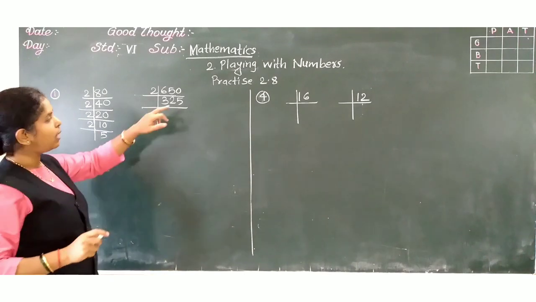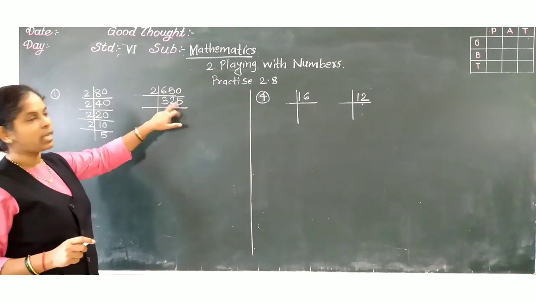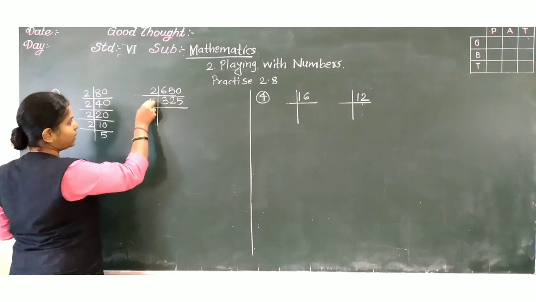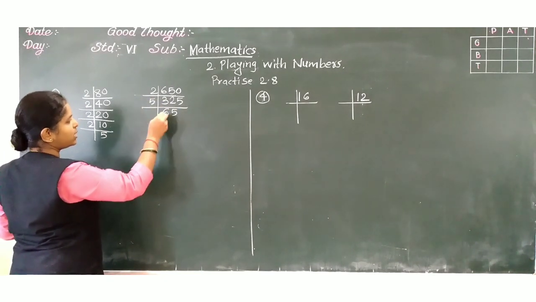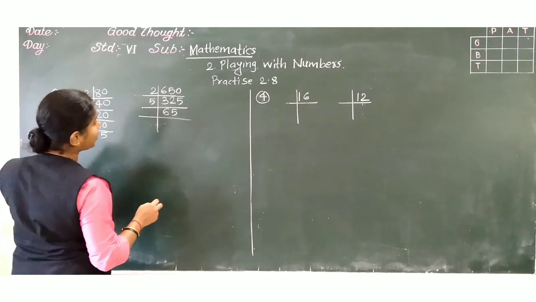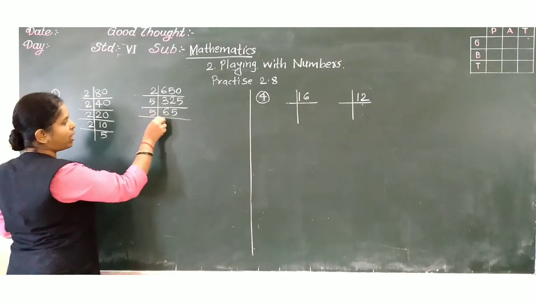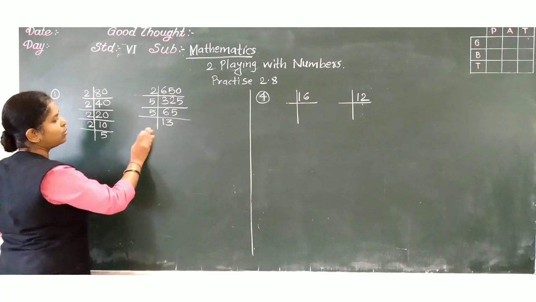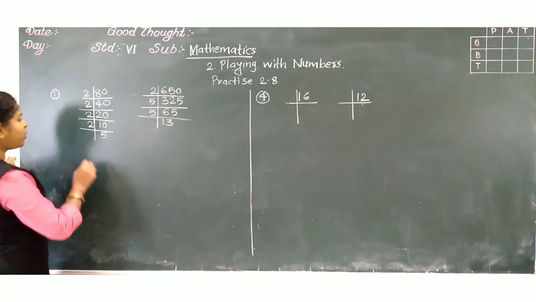As 5 is at the ones place, I can divide it by 5. 5 sixes are 30, 5 fives are 25. Then 5 fives are 25, 5 threes are 15. Over.